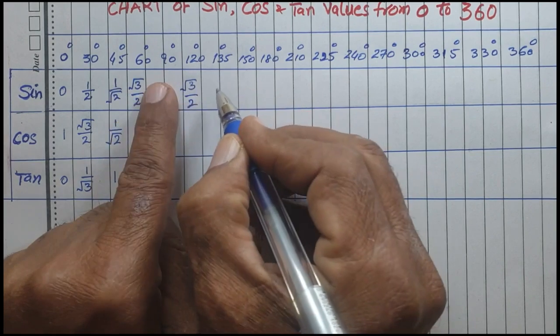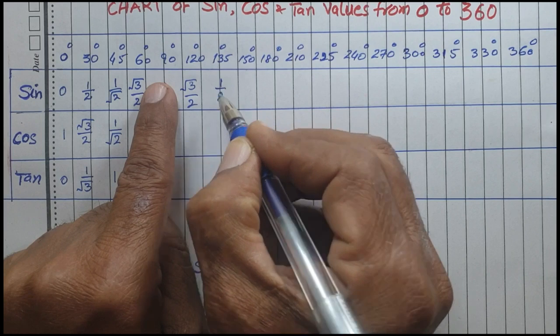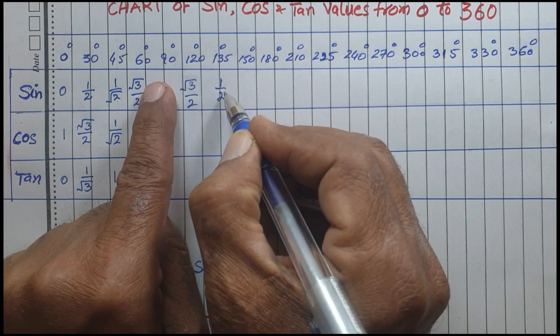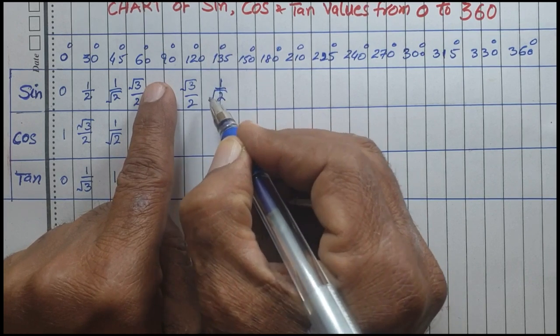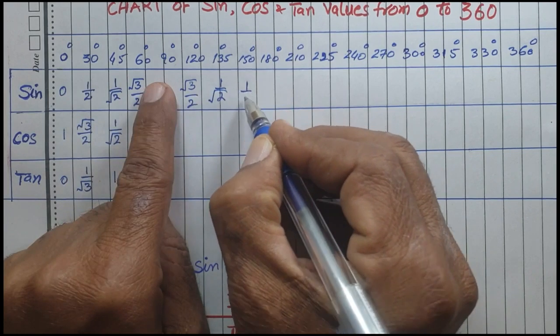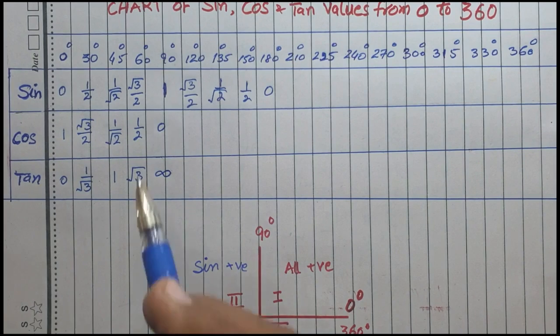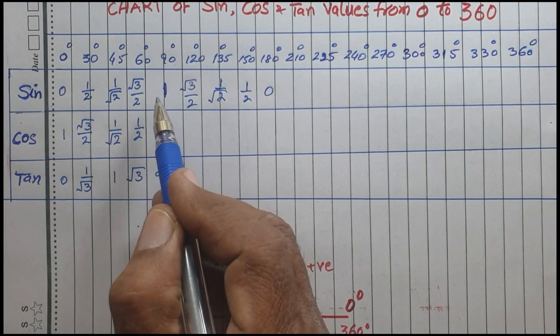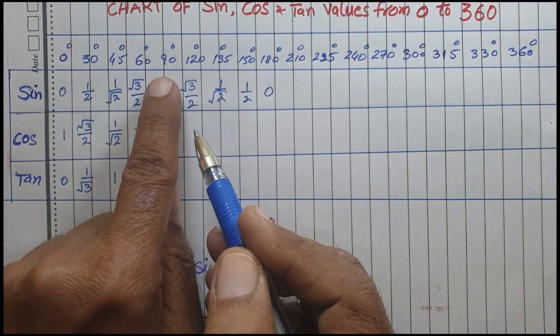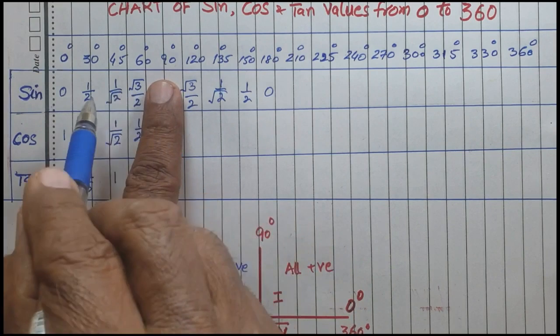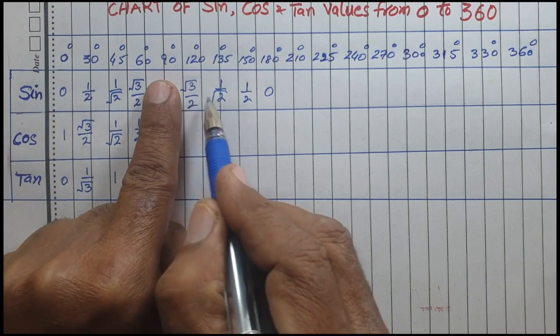Then 1 by under root 2, then 1 by 2 and 0. In the reverse way, keep the finger here and read the values in the reverse way and write here.